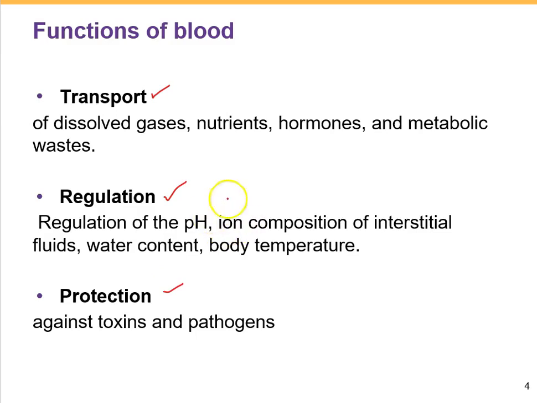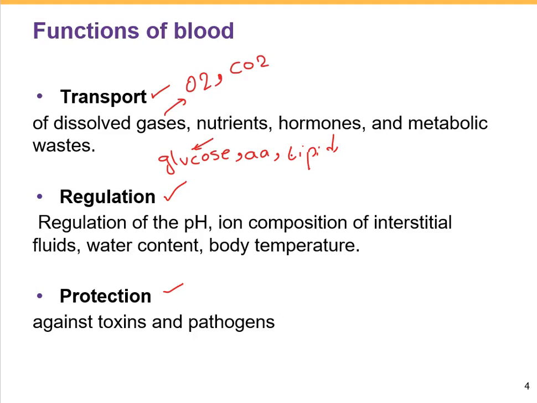This includes the respiratory gases like oxygen and carbon dioxide, nutrients like glucose, amino acids, and lipids, the hormones produced by endocrine glands, and metabolic waste to be eliminated from the body.